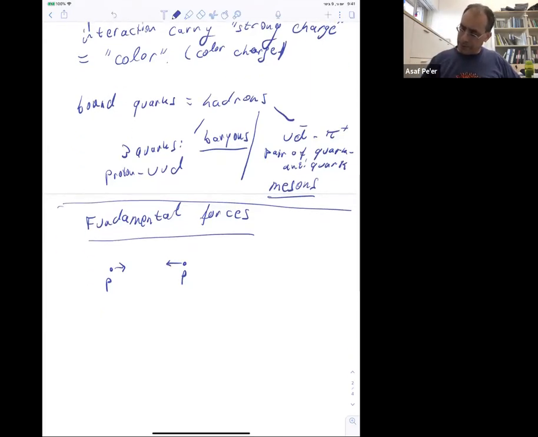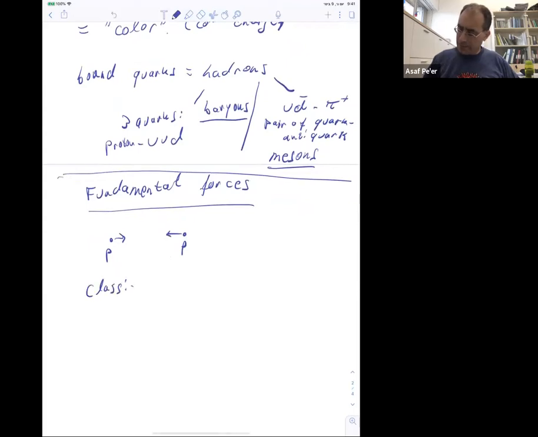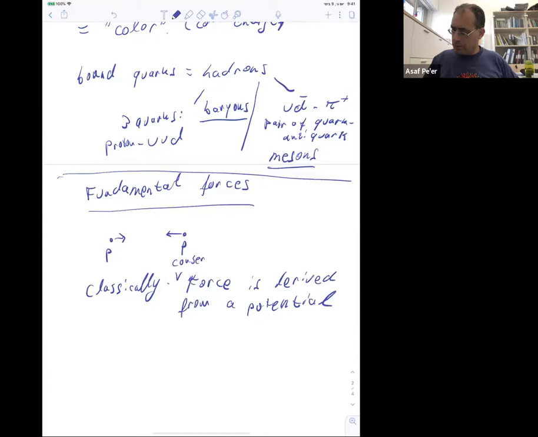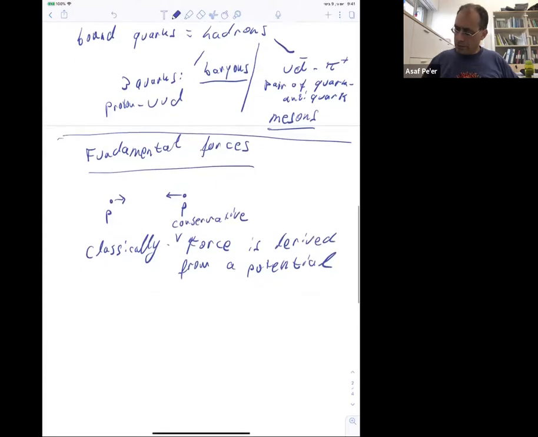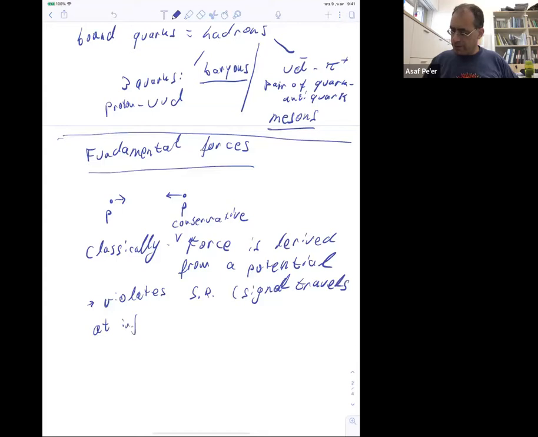So let me just write it down. So classically, action at a distance, or force is derived from a potential, conservative force. So it violates SR, because signal travels at infinite speed.